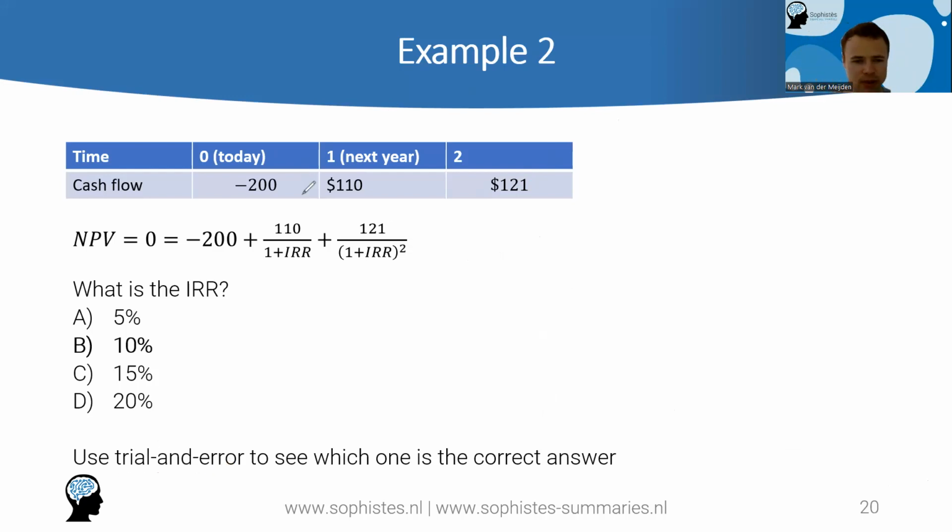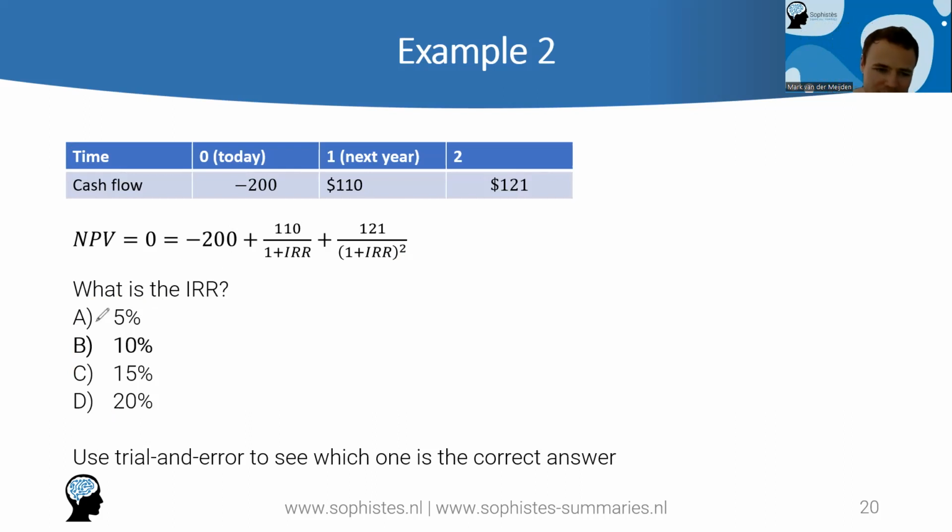So what you will do is you will translate this question into the setup of the formula. So 0 is minus 200 plus those things. And then you simply try out the different answers. And the answer that gives you an outcome closest to 0, that's the correct answer.